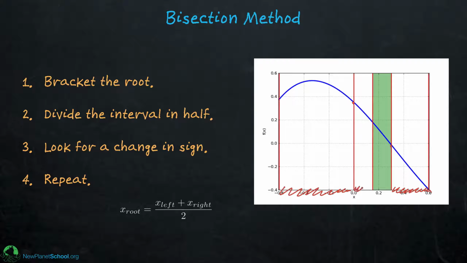And now I've completely ruled this out, divided in half again, and you can see I've ruled this out. And now I know the answer is in here. I can take the average of the left value and the right value and get a pretty good answer of where that is. And I had to evaluate the function 1, 2, 3, 4, 5, 6 times. So of order 10 times, which is about half as many as I needed for the other method.